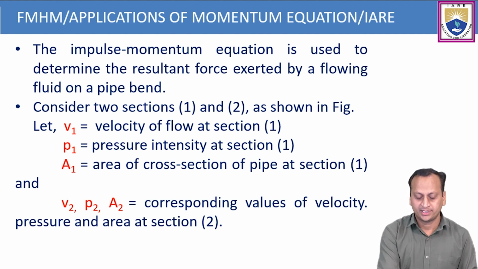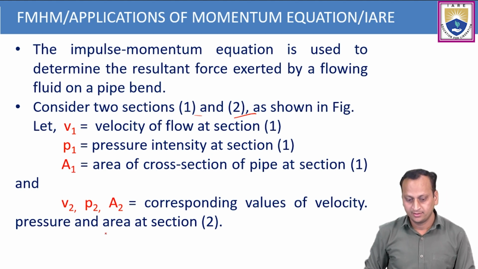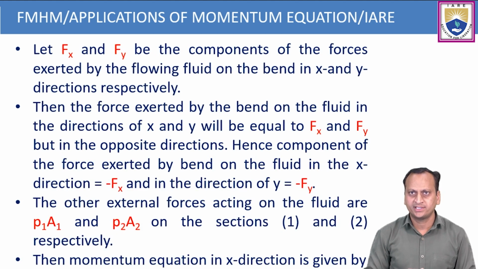Now consider sections 1 and 2, where velocity, pressure and area are defined at section 1 and at section 2. Let Fx and Fy be the components of the forces exerted by the flowing fluid on the bend in x and y directions respectively.